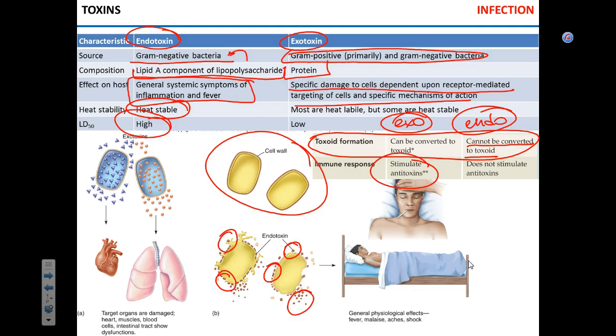And can you think of a disease that uses this approach? We talked about it 5 minutes ago. We take a toxin, we inject it into horses, and take serum from the horses, and use the serum antitoxin to treat the infection.